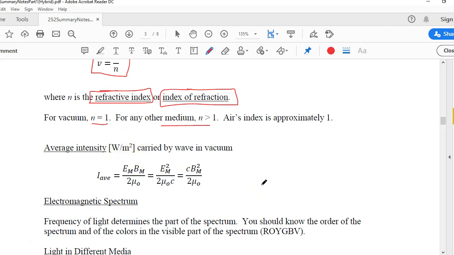So, for instance, imagine you have sunlight shining, traveling in space. If I put a square meter of a screen there, and the sun hits that, how much energy per time is hitting that square meter? How much power is being delivered by that wave on that square meter? That's what we call the intensity.